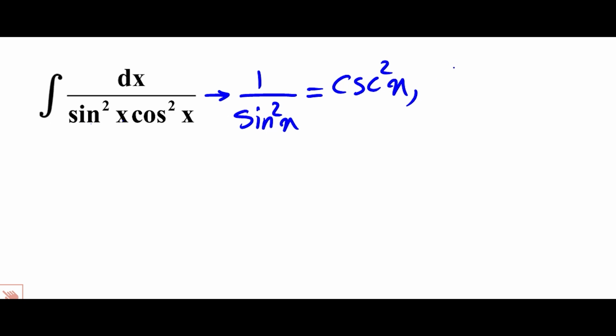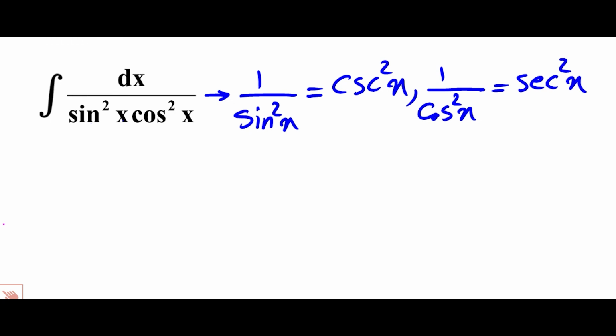The integral of dx over sine squared x times cosine squared x. As you know, 1 over sine squared x equals cosecant squared x, and 1 over cosine squared of x equals secant squared of x.